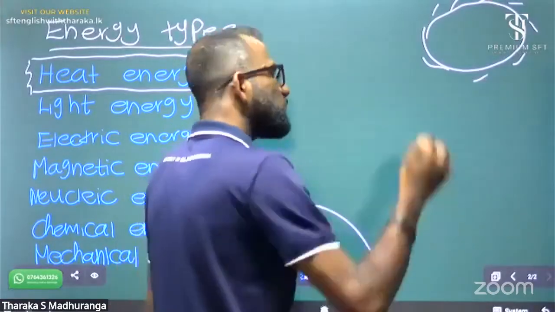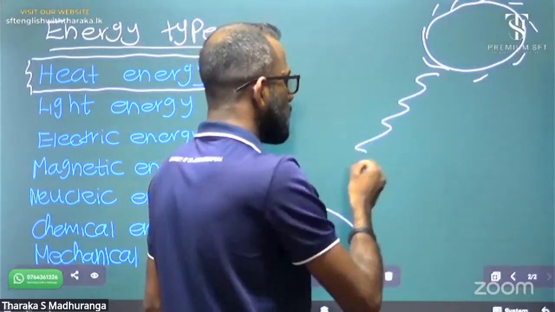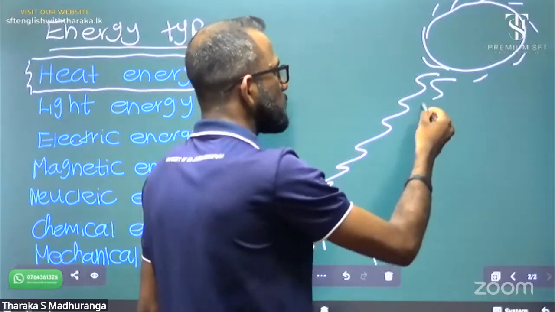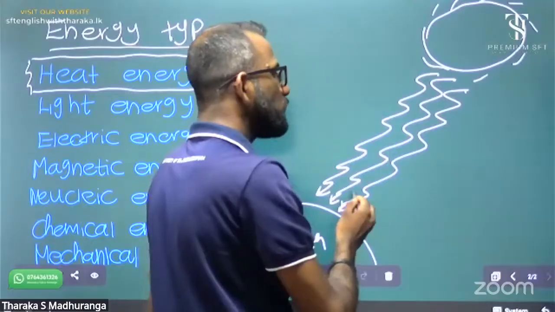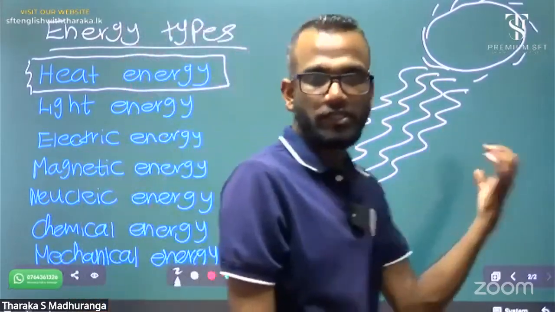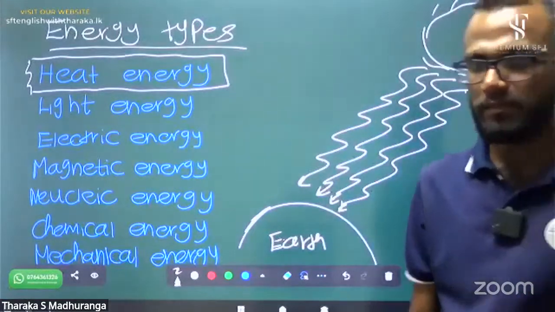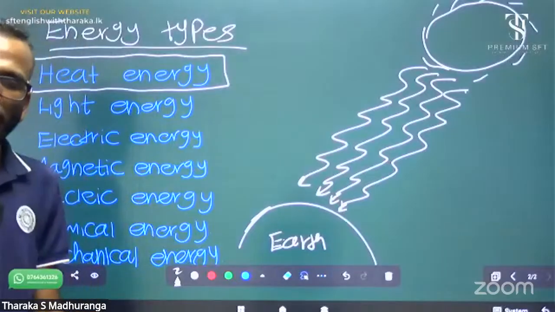I will explain these electromagnetic waves in the final part of the heat lesson, in the heat transfer part. That we call EM waves, electromagnetic waves, that we call heat radiation.